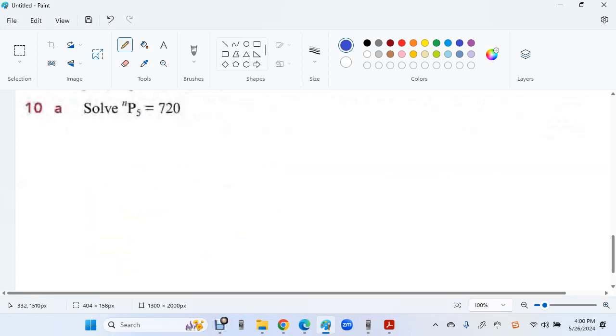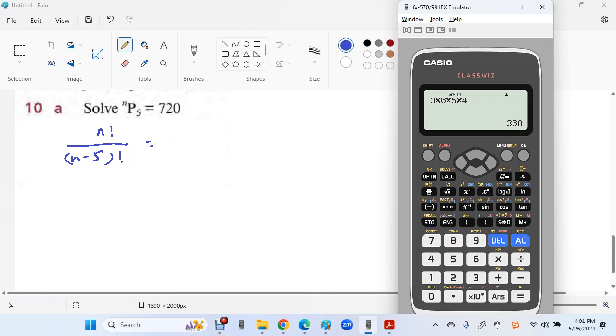Solve nP5 equal to 720. Okay, so this is n factorial over n minus 5 factorial equal to 720. So 720 is actually 6 factorial.